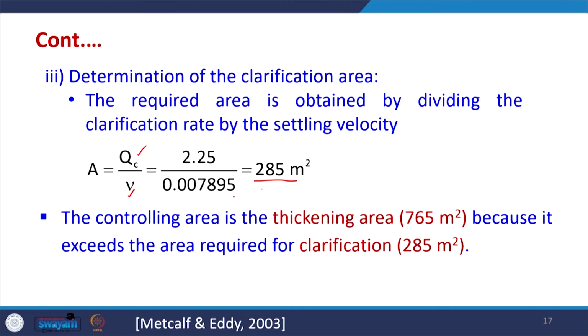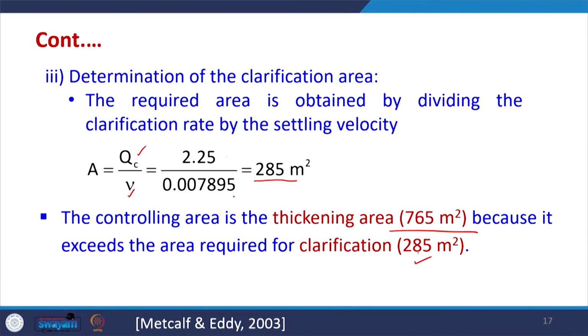Now, this area is much lower than the area of the thickener. Generally, whenever a high concentration slurry is there, the thickener area will always be higher. If the thickener area is higher, we always select the higher area, and we have to design the system based upon that area only.